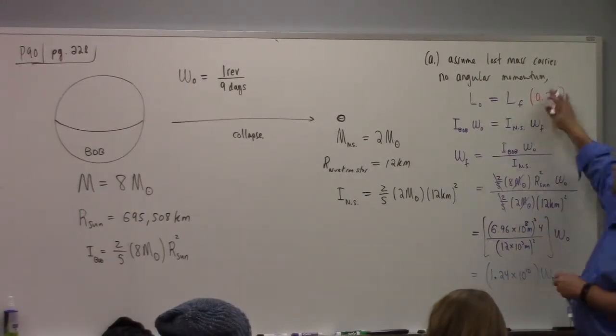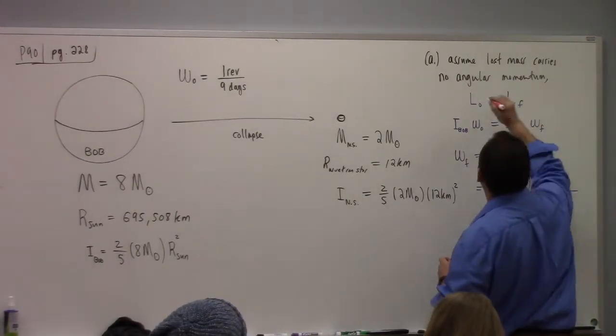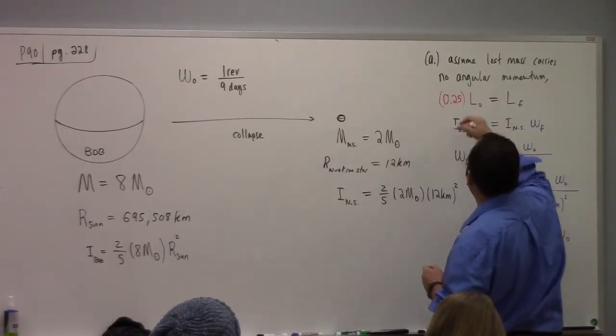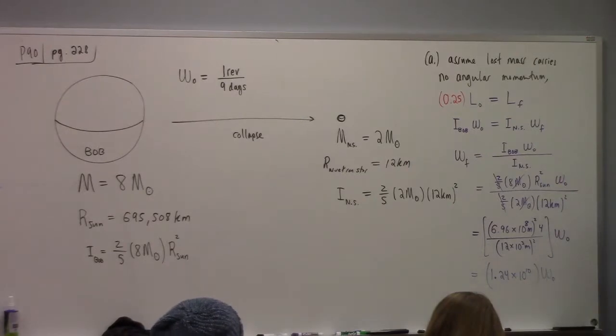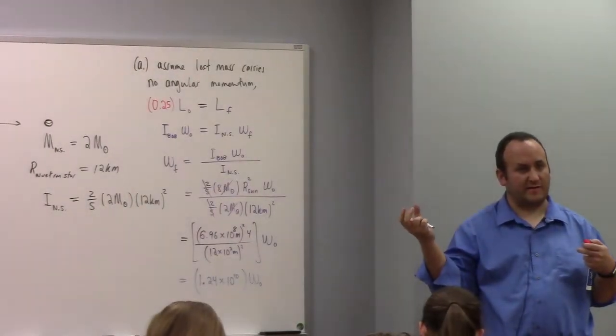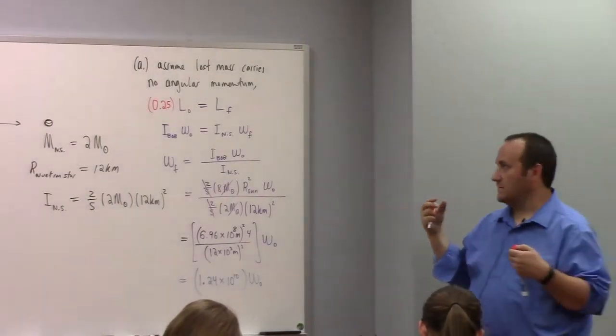Oh, no, other way around. 0.25 of the initial angular momentum would be equal to the final angular momentum if the lost mass carries off its angular momentum with it. You'd only have 25% of the initial angular momentum before the mass is lost, right?